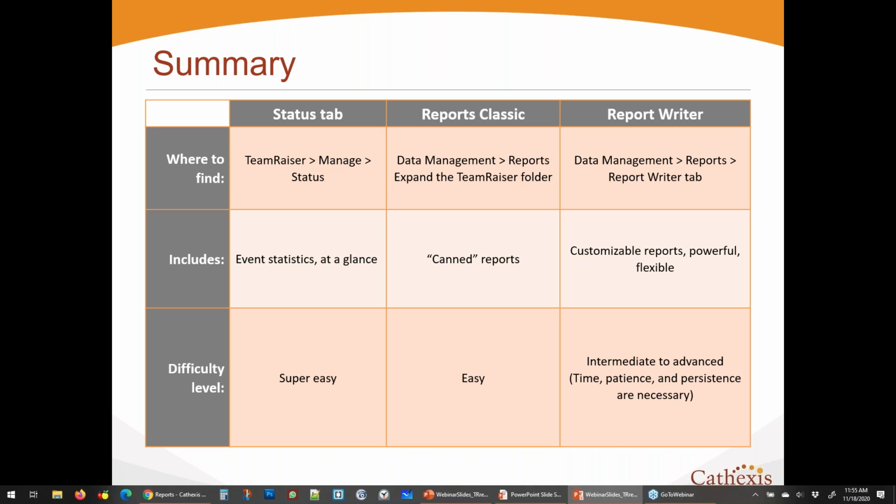There's that status tab, which is super easy to use, and that's the dashboard. That's in TeamRaiser. You click on Manage, and all the way on the right, it's the status tab. We talked about Reports Classic, the canned reports that are easy to run, and we talked about Report Writer, which is more powerful, but takes some time to learn.